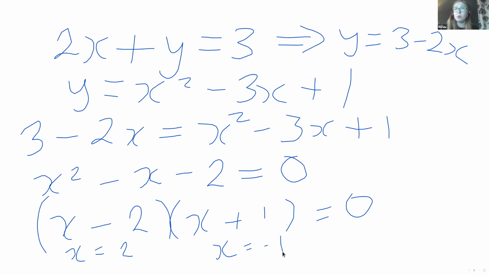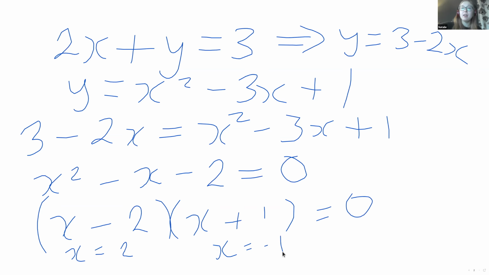Those are the x coordinates of the points of intersection of those two graphs. And I can solve that without having to draw or sketch the graphs. Don't draw or sketch them in this scenario unless you're asked to. Solve them as simultaneous equations. And then remember to substitute back in to find y.